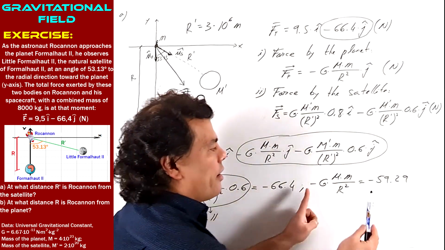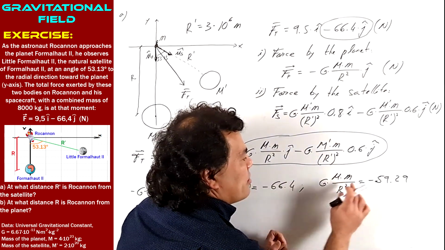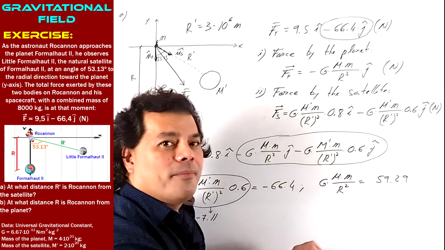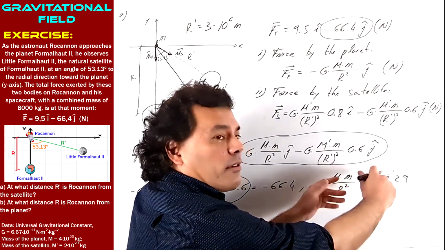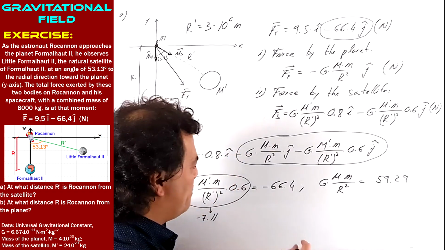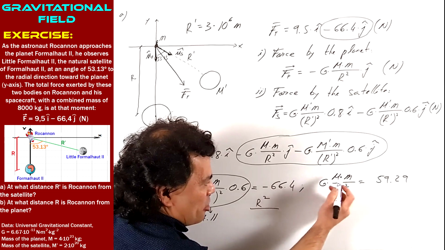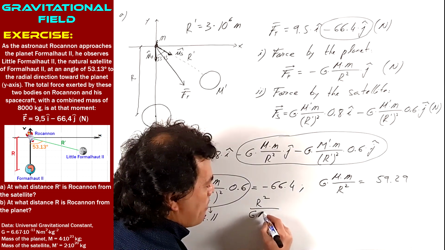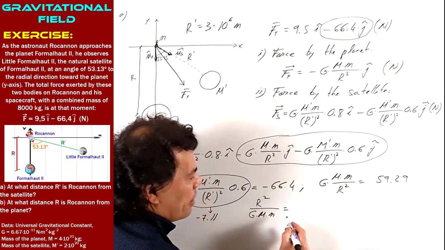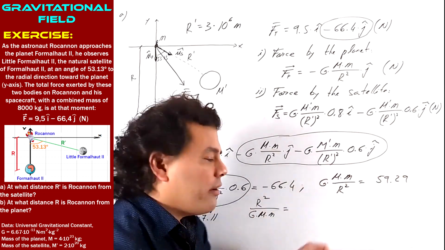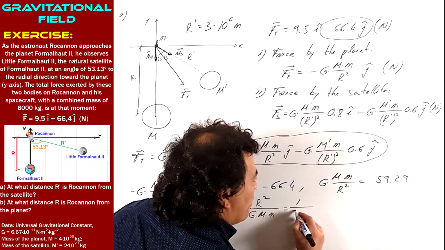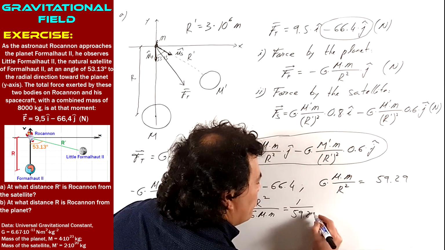And we can remove the negative signs at both sides, and it's time to invert both sides of the equation. R squared divided by G M equals 1 divided by 59.29.